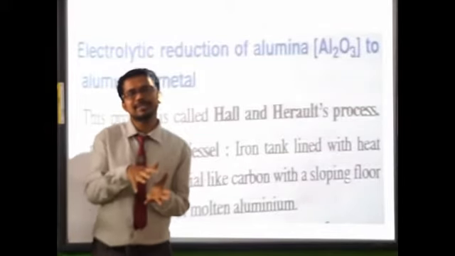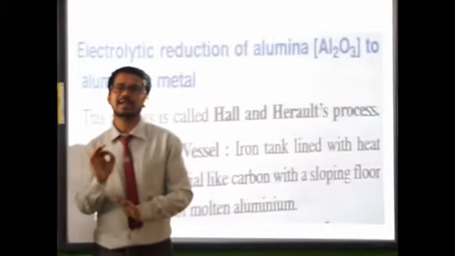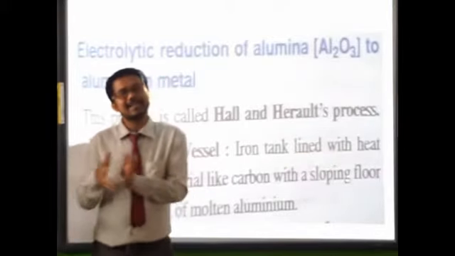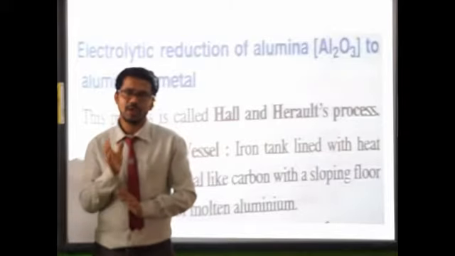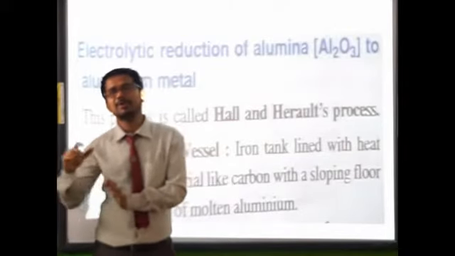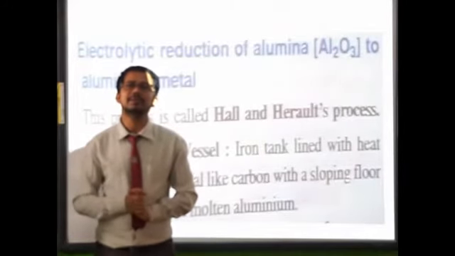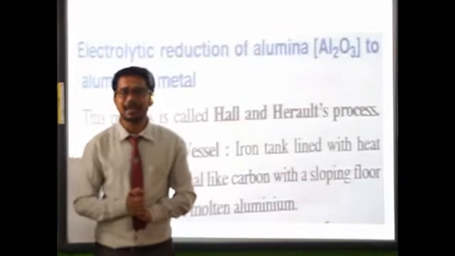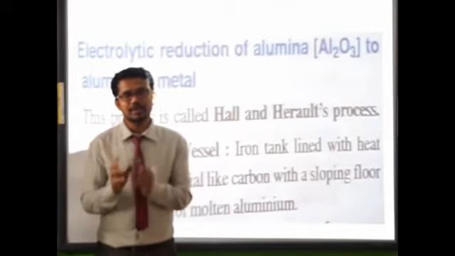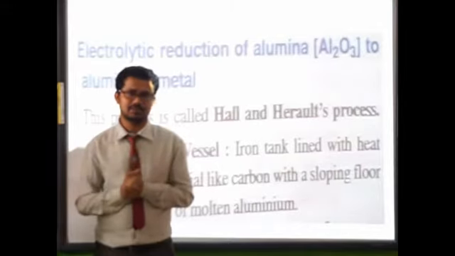So we'll be going directly to reduction, reduction of oxide to metal. And in this, we cannot reduce aluminium oxide to aluminium by very common reducing agents like carbon monoxide and hydrogen, because aluminium oxide is a very stable compound.